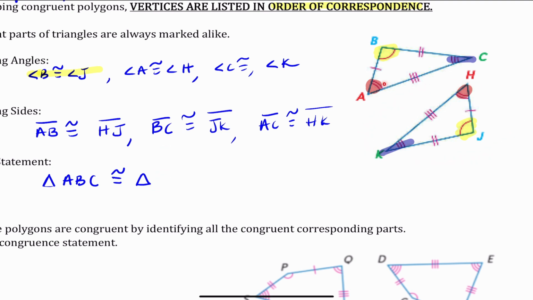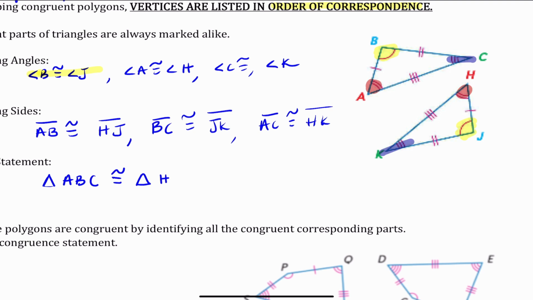Since A has 2 arcs, you have to write the letter that also has 2 arcs. That's H for the first letter of that triangle.